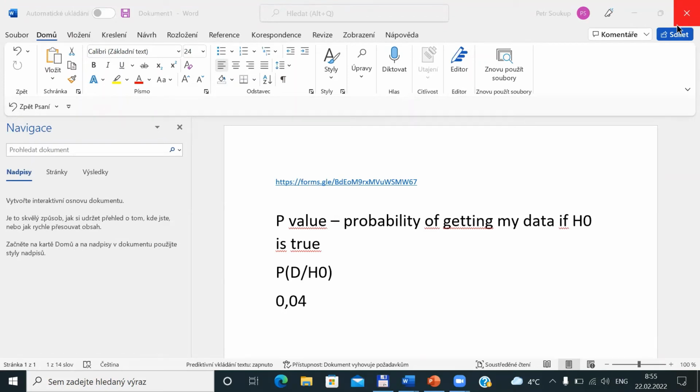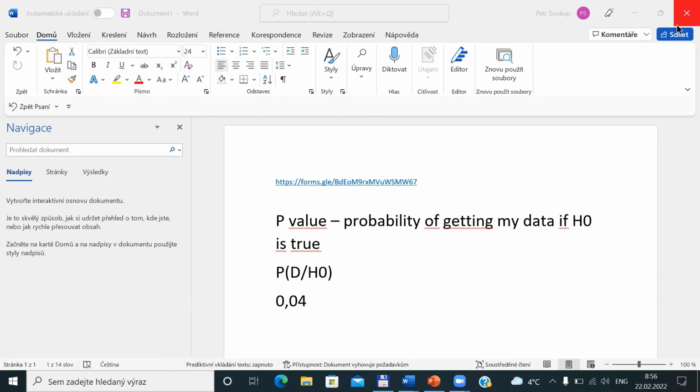We also administered this test on a group of professional sociologists, people from the Sociological Institute of the Czech Academy of Science. And if I remember well, from this group, there were approximately 40 people in the room. It was a seminar about p-value and misconceptions, and none of these people passed the test correctly.